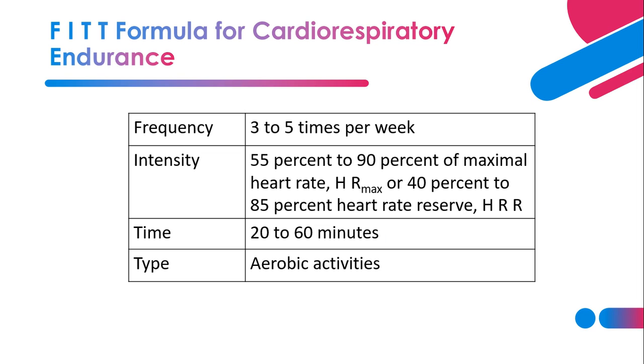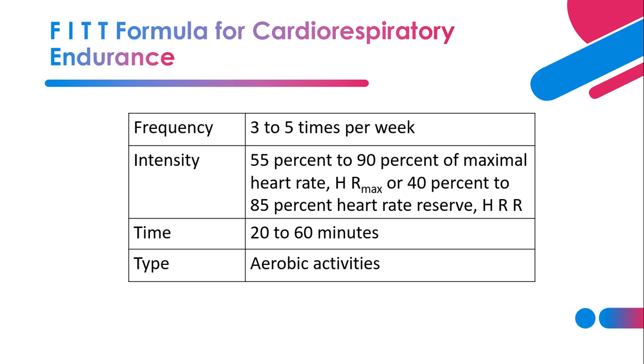Cardiorespiratory fitness can be improved and maintained through a well-planned program of exercise that follows the FITT formula. Physical activity of an appropriate frequency, intensity, duration, and type can enhance cardiorespiratory fitness.